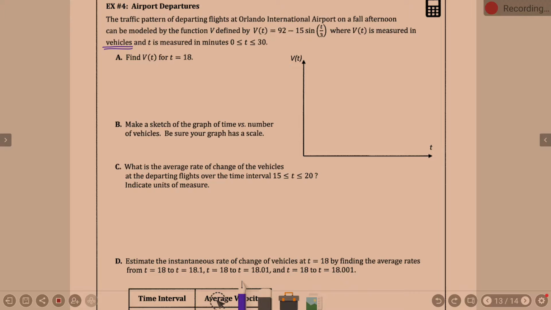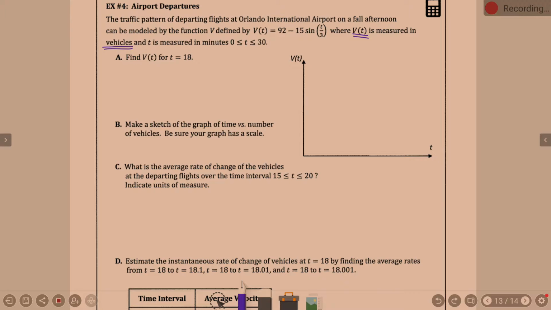Vehicles. Just saying, because we've talked a lot about velocity, yes? Maybe it's just me, but when I see v of t, my brain goes to velocity. But this v of t is vehicles. Now, find v of 18.